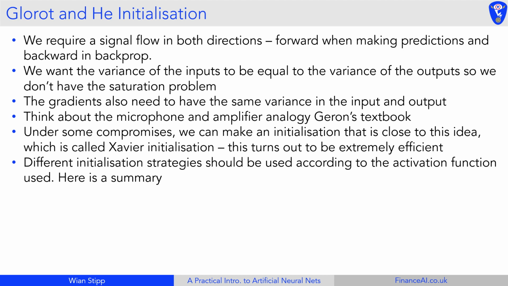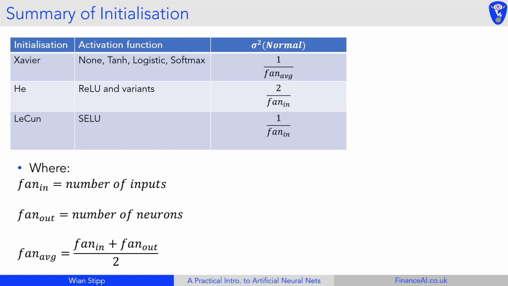And this next slide is very useful, and it's a summary of which ones you can use. So the Xavier initialization works for the activation functions tanh, logistic, softmax, and even no activation function. And the He would be for ReLU and ReLU variants, which we'll talk about soon.